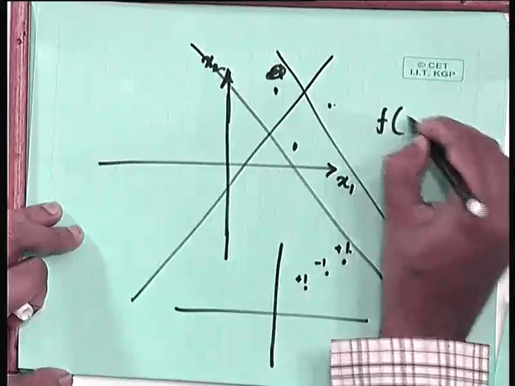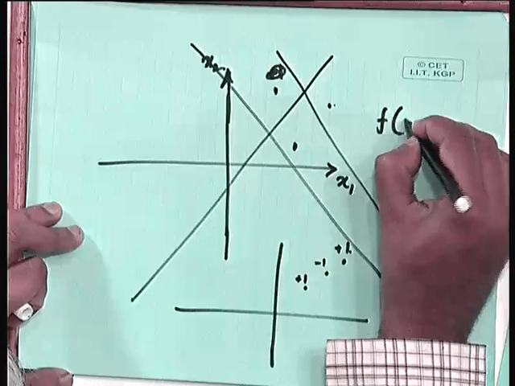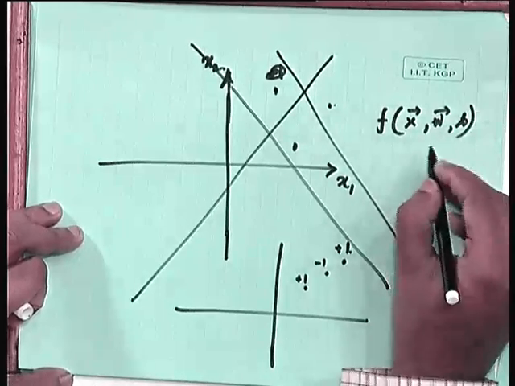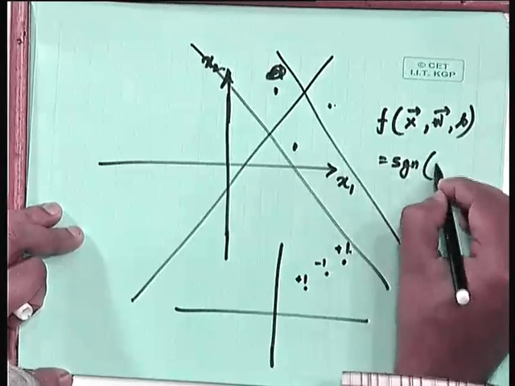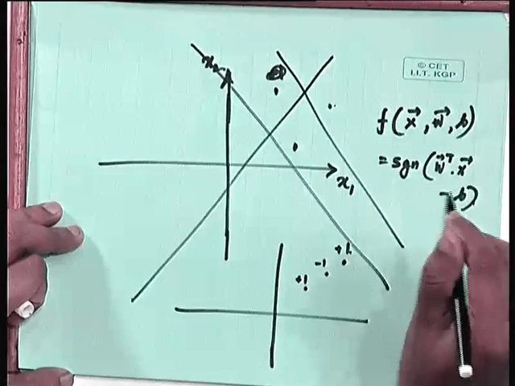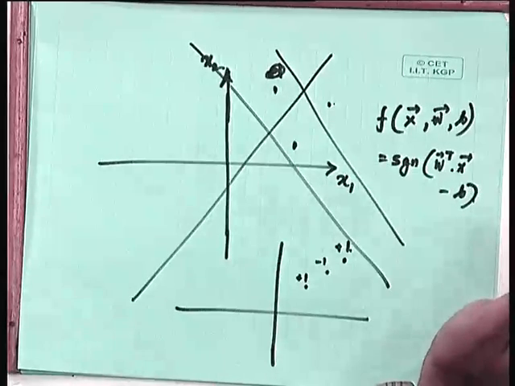When I take a function f of x comma w comma b, when it is of the form signum of w transpose x minus b, it can shatter a set of 3 points. That is what I am saying. We found that we can draw a line of this form, then a line of this form. That means you are changing the values of w and b, because my adjustable parameters are w's and b's that we can change.